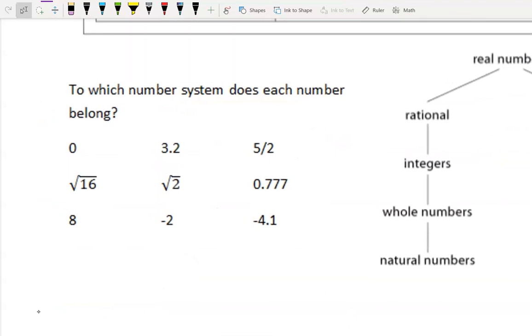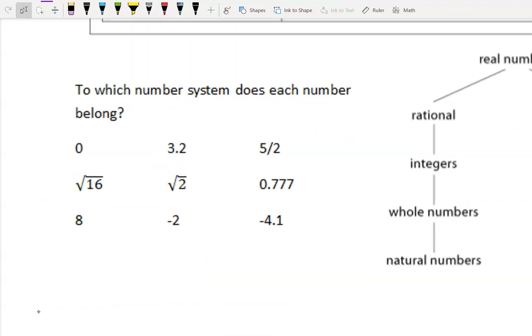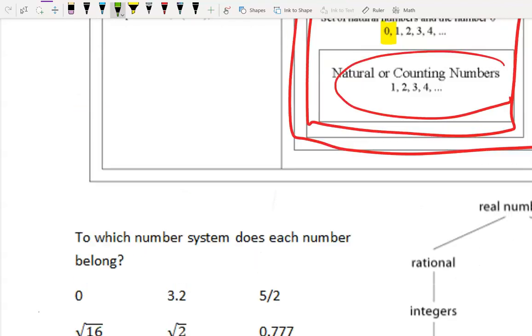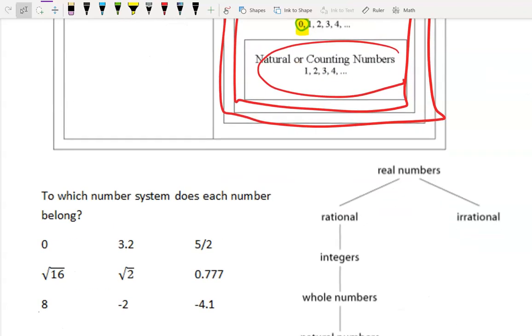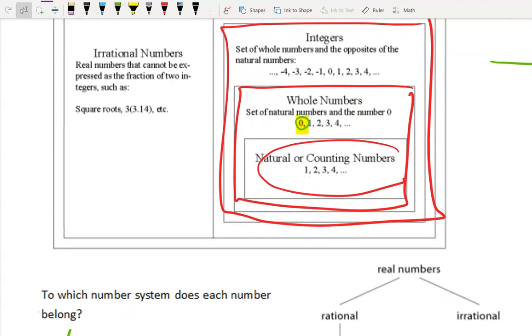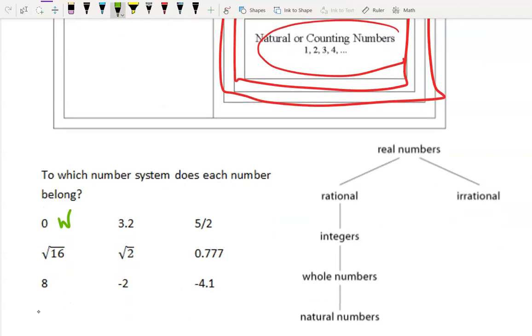Here are some numbers. Let's say, which number system does each number belong to? The 0. So where is the 0? It's right here. What number set does that belong to? Well, it belongs to the whole numbers. But because it belongs to the whole numbers, and that whole number set is inside the integers, 0 is also an integer, which means it's also rational.